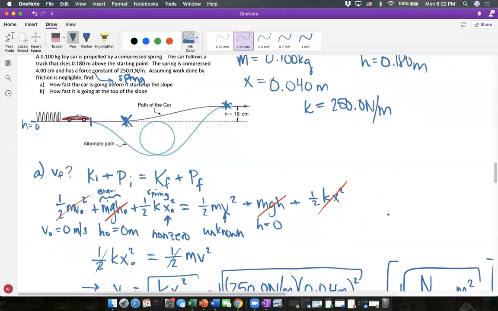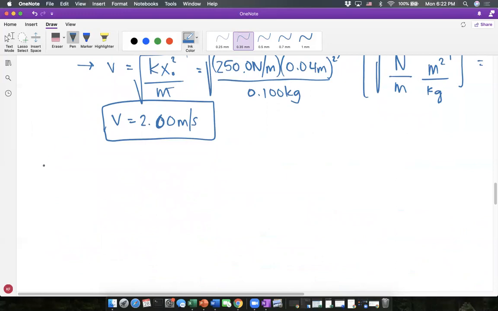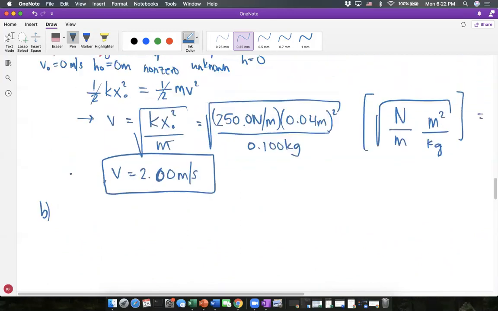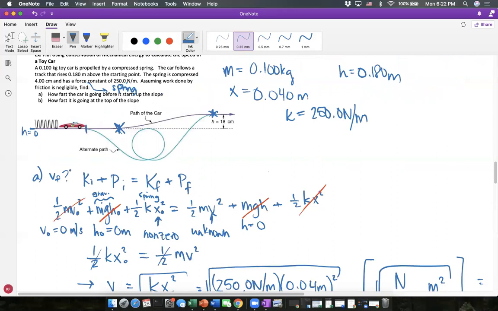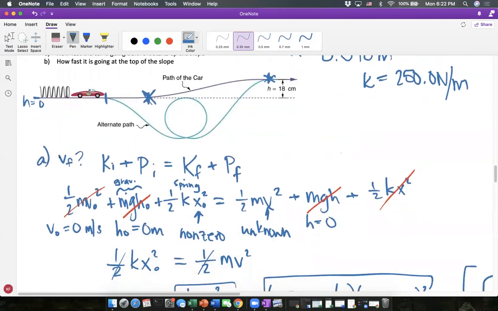Let me go ahead and zoom out a little bit and scroll down. So for part B, we can look at this equation again because we're going to be doing the same thing.